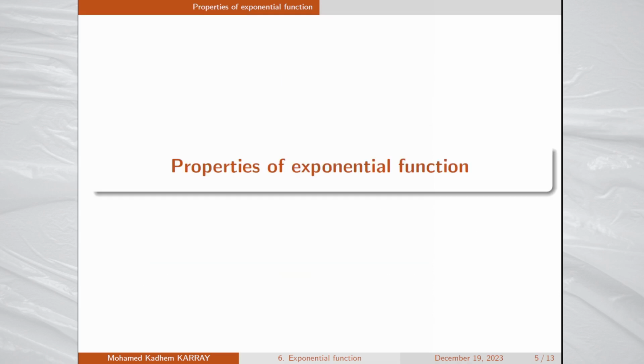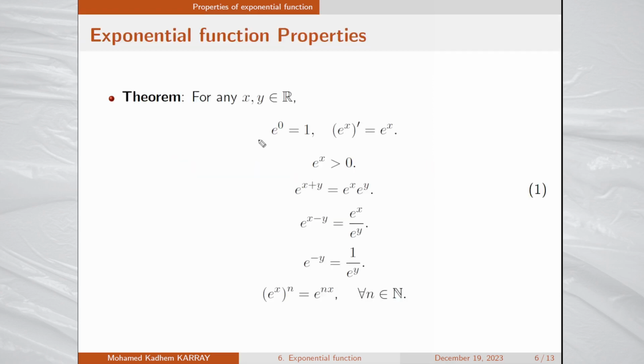We now state the basic properties of the exponential function. These two properties are from the definition: exponential of 0 equals 1 and exponential of x prime equals itself. Moreover, we know that the exponential is always strictly positive.